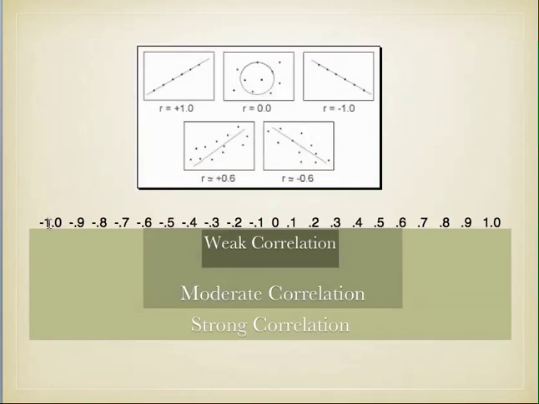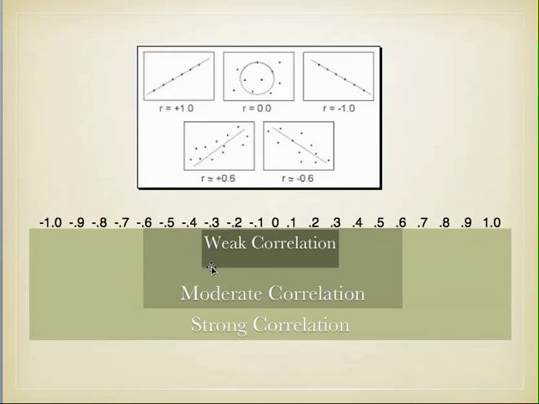The correlations are always expressed as numbers between -1 and +1. And what you look at is the number itself, not whether it's positive or negative, to determine whether it's a weak, moderate, or strong correlation. So between 0.1 and 0.3 is a weak correlation, but also between -0.1 and -0.3 is a weak correlation. Between 0.3 and 0.6, moderate, and 0.6 and 1.0 is strong.